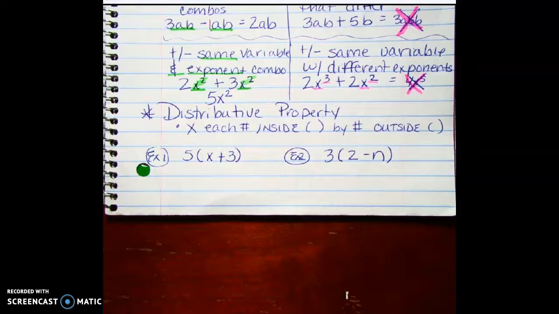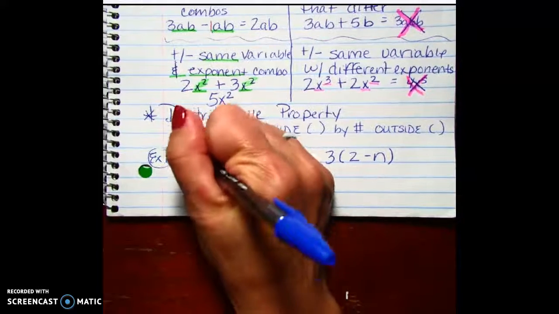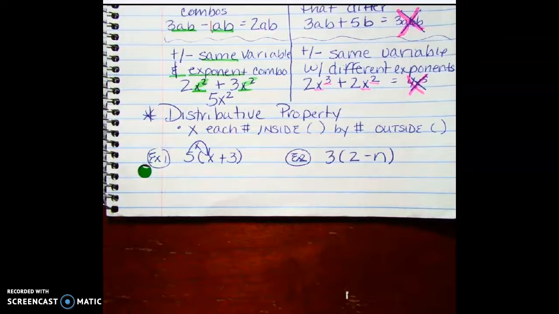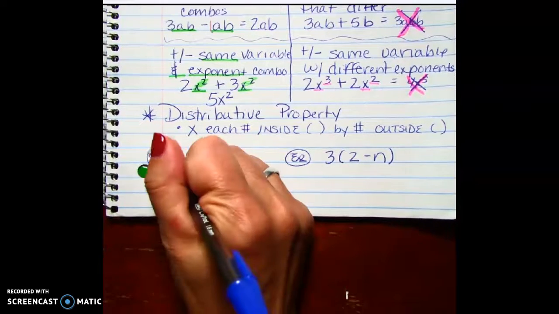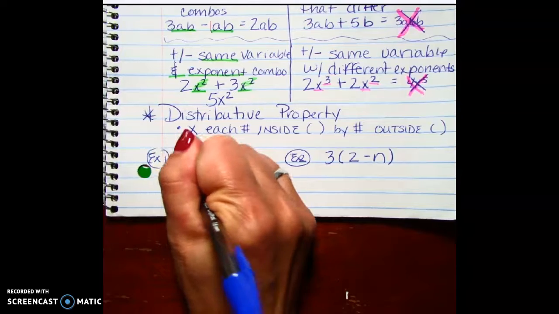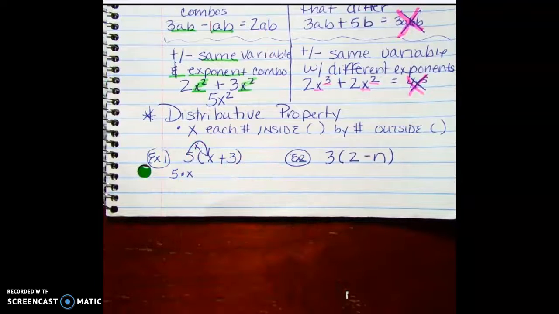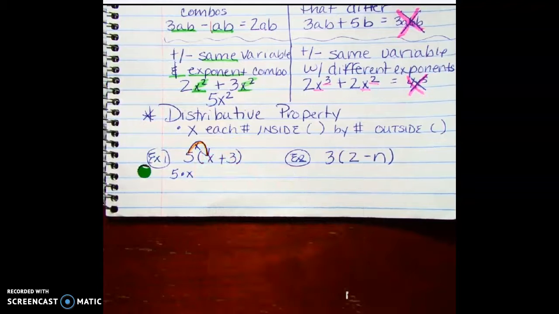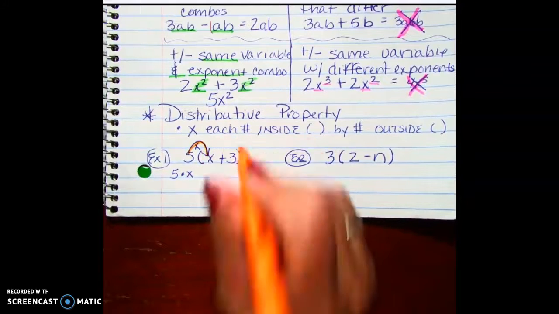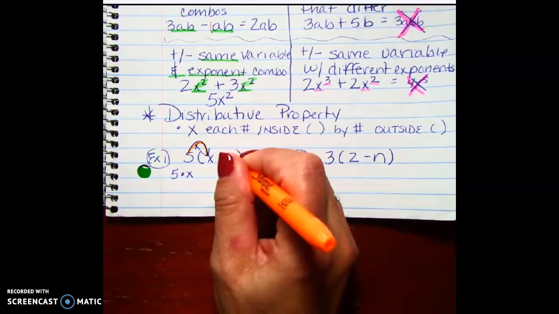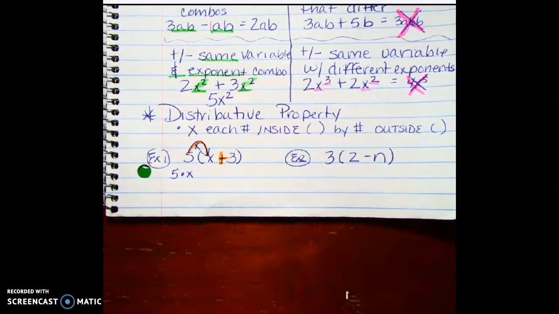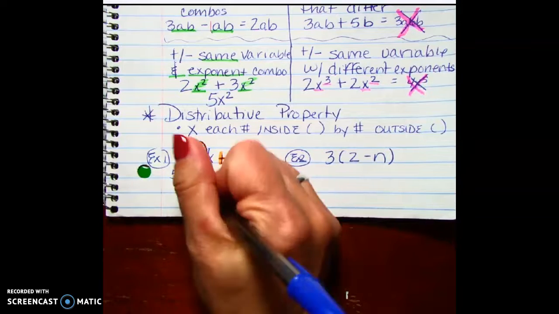First, we take 5 and we multiply it to the first number in parentheses. And I end up with 5 times x. So that's the first thing we do. The next thing I do is, now this is a very important one, a lot of people might forget this one. We put in our operation.